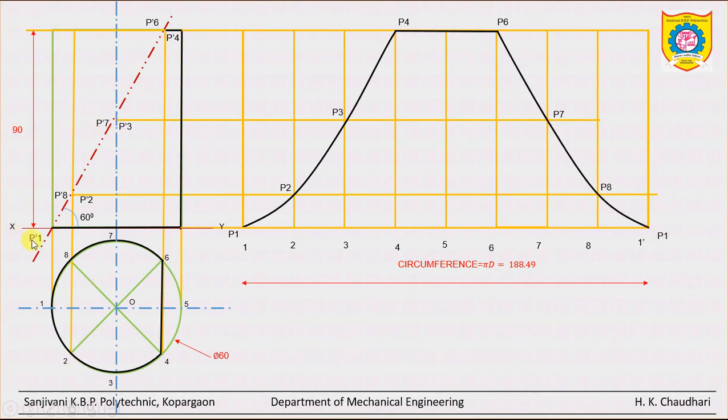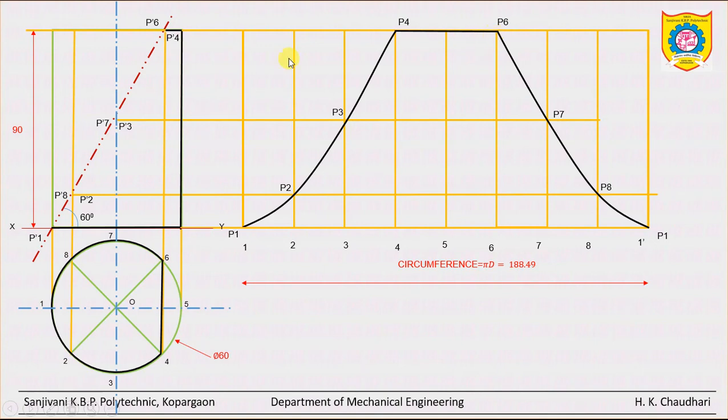So we can observe here also from P1 to P4 it is increasing curve because the length of this generator is increasing. P-4 to P-6 it is constant, it means at the constant height of 90 mm.